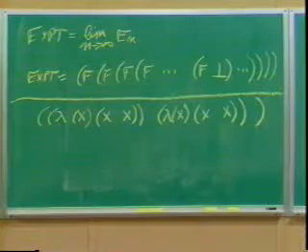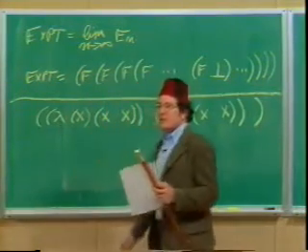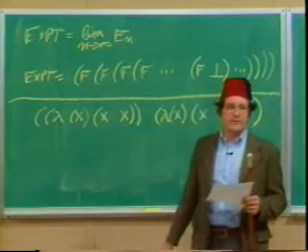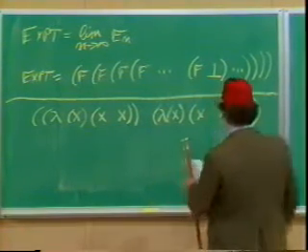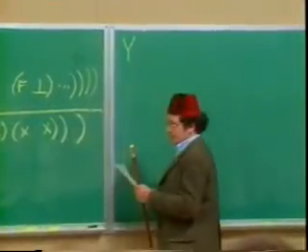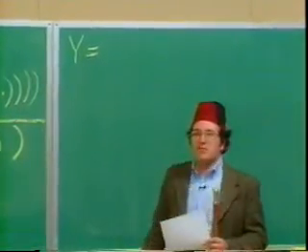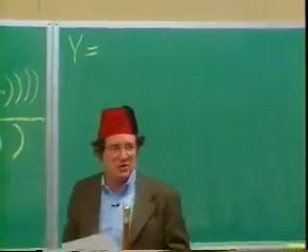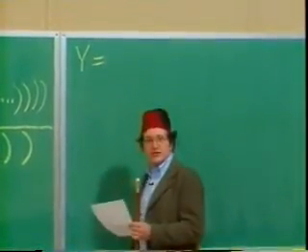Now I want to tell you about a particular operator which is constructed by a perturbation from this infinite loop. I'll call it y. Okay, y, this is called Curry's paradoxical combinator, y, after a fellow by the name of Curry, who was a logician of the 1930s also.